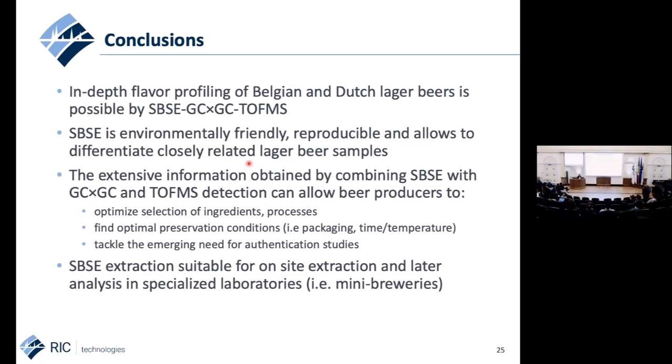In fact, SBSE extraction can be seen as an on-site extraction technique, with samples later analyzed in more specialized laboratories like this, giving smaller beer producers the opportunity to determine the aroma profiles of their own beers.